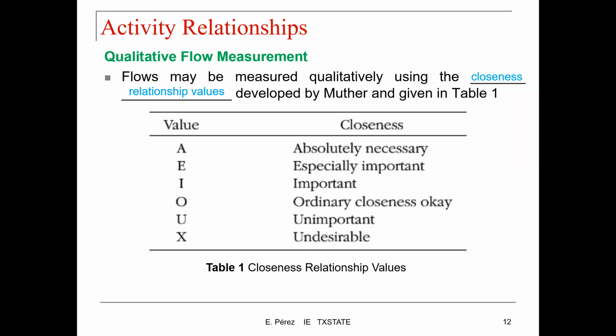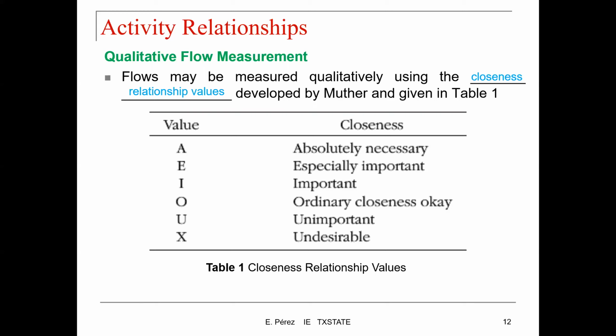Those types of things can be specified using these relationship values. If you need to have this department located close to a door, then you can use that A value that says this is absolutely necessary.